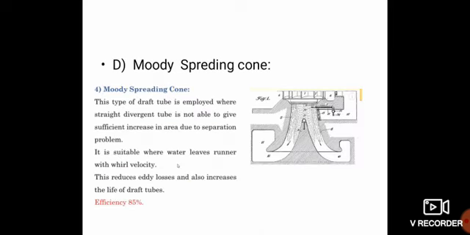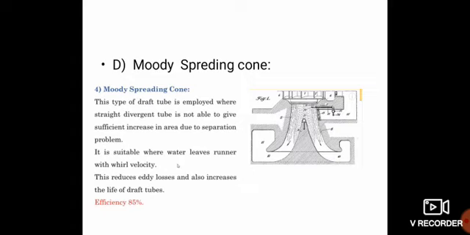Then the next one is the Moody spreading cone. This type of draft tube is employed where a straight divergent tube is not able to give a sufficient increase in area due to the separation problem.